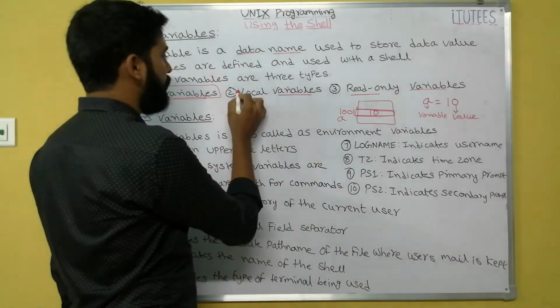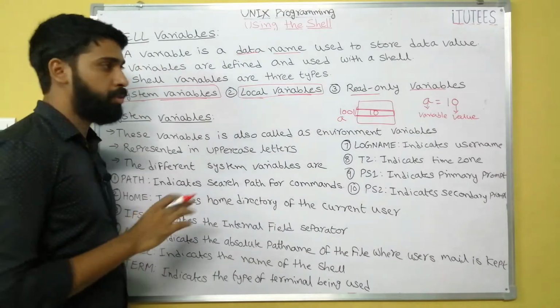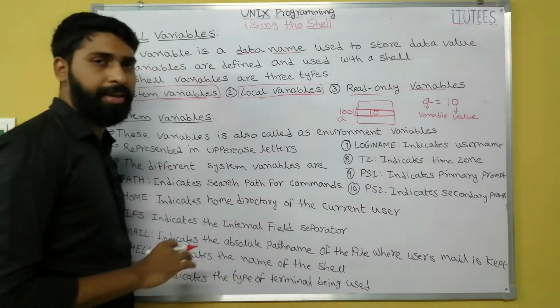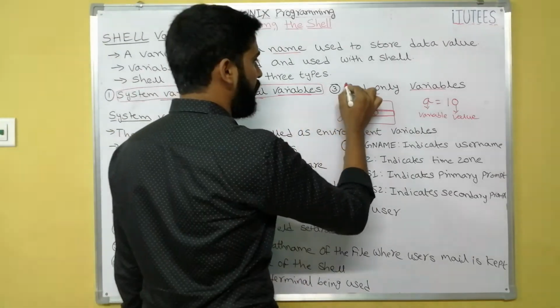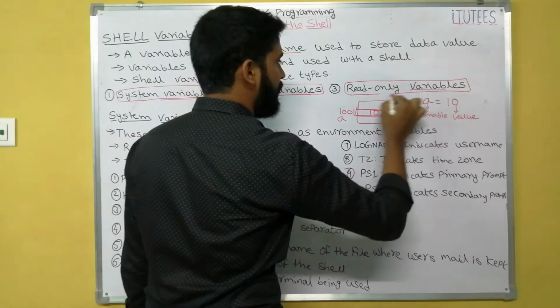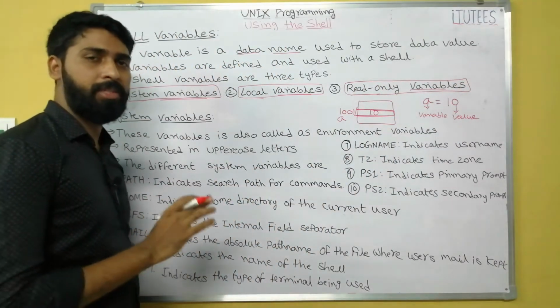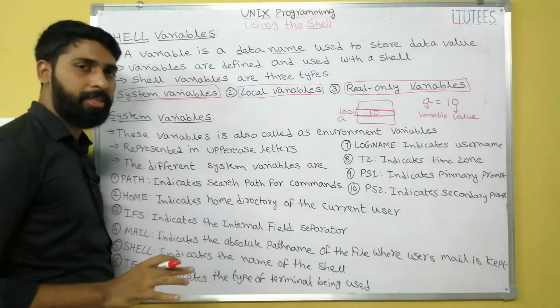Local variables means when you are writing shell programs, you define some variables. For example, in this case, A is a local variable. And a read-only variable means once you assign the data, we cannot modify the content. We just read the data. That is the purpose of read-only. We can discuss in detail.